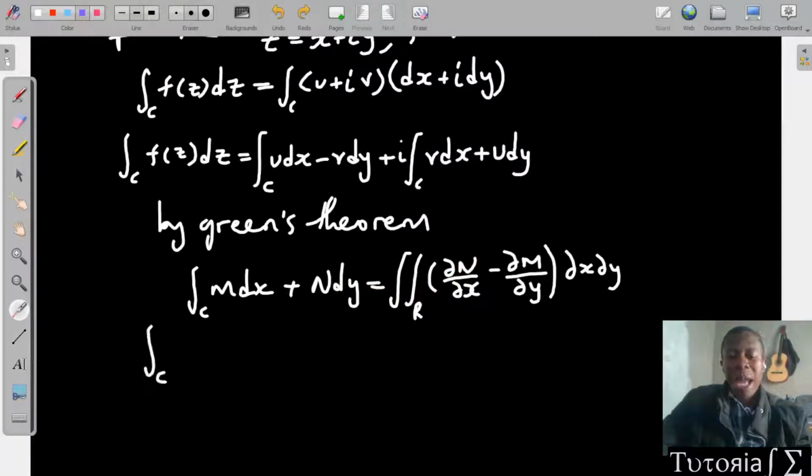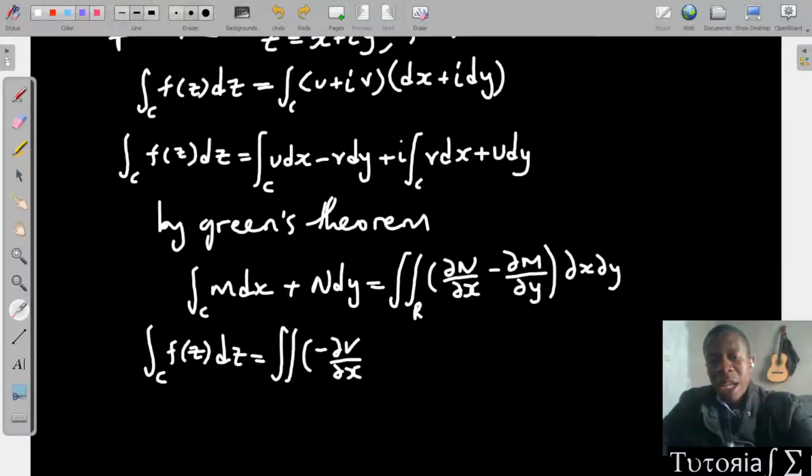So now applying Green's theorem, we're going to say the integral of that. As we said, this will be negative because our N is negative, v. Since N is negative, we're going to say negative dv/dx. Always there is a minus.